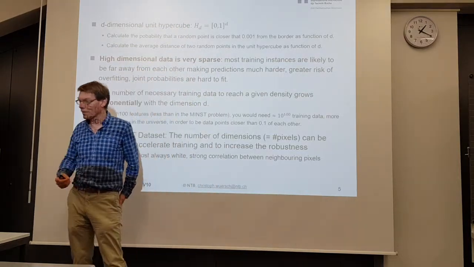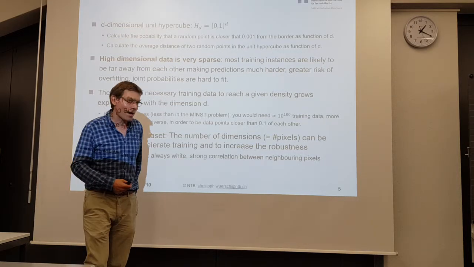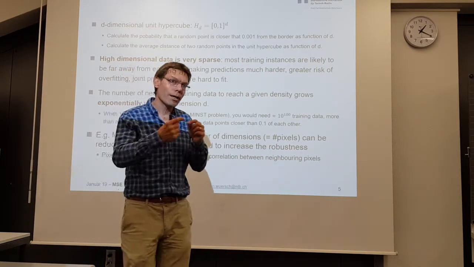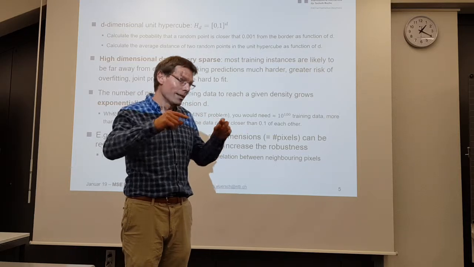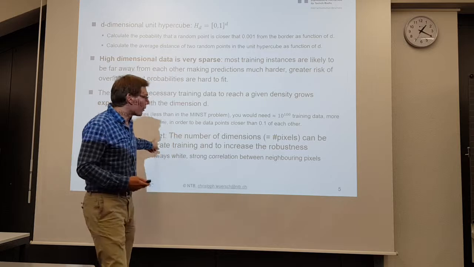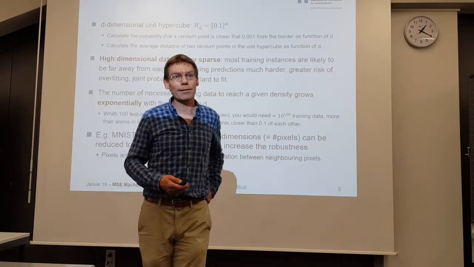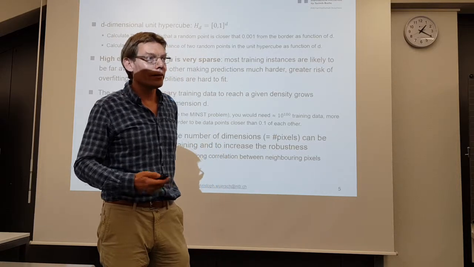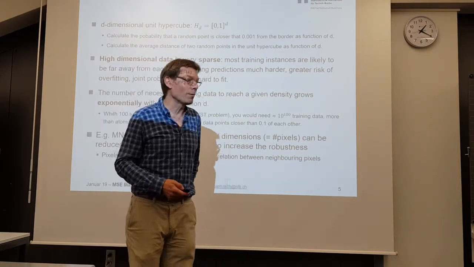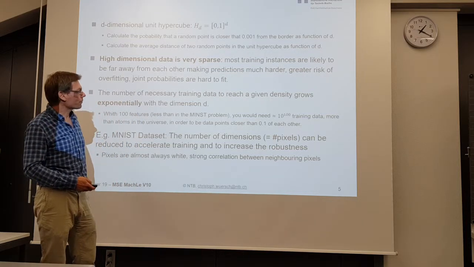So if we think of a k-nearest neighbor classifier, it has to sample and calculate all the distances in this 784 dimensional space. And this is quite a lot of work. So the dimension in this case for an image is the number of pixels. And if they're continuous grayscale 16-bit numbers or so, that's about the resolution we have.